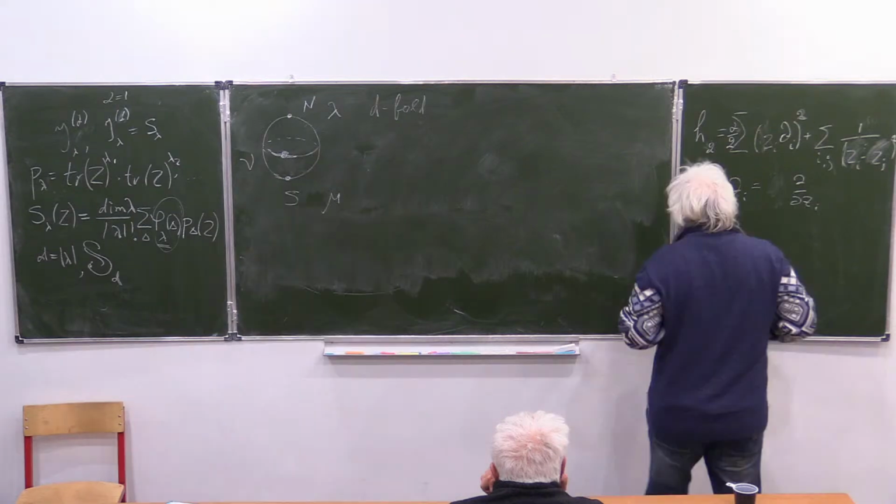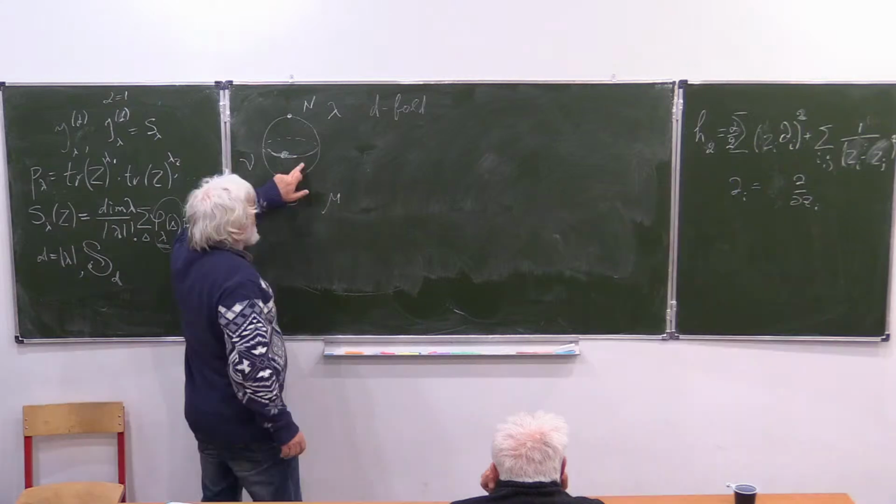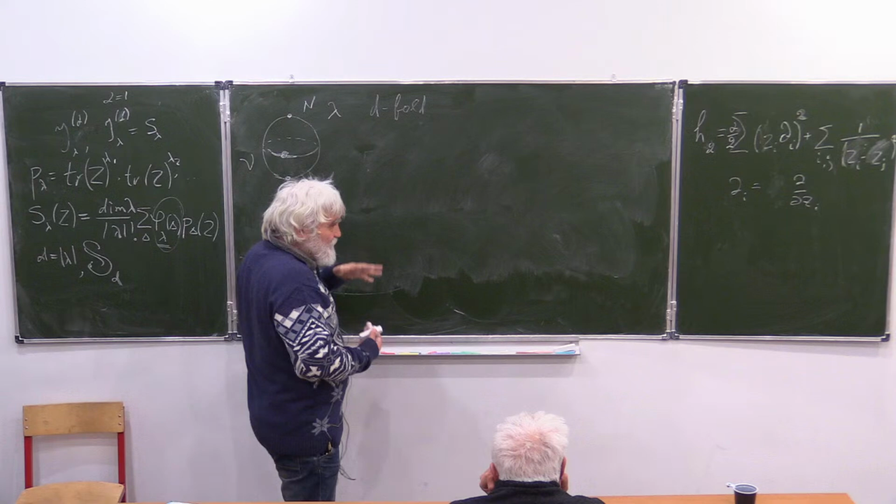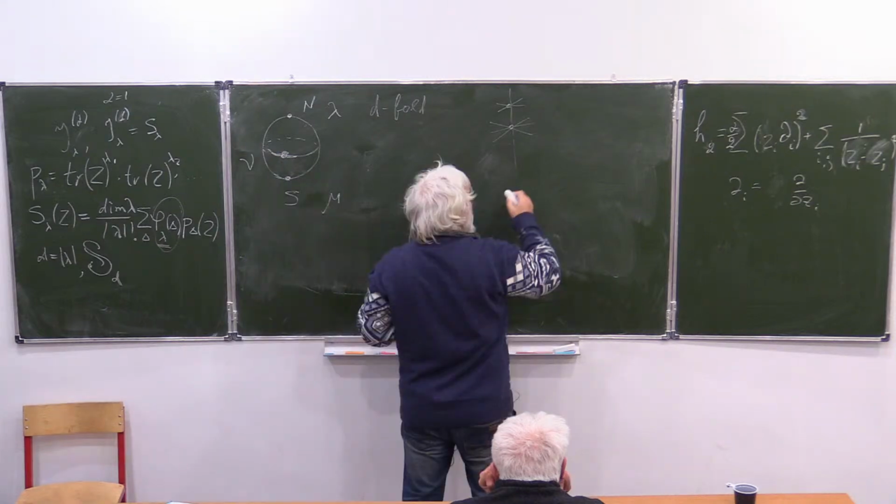Recall what a ramification profile is. What are branch points? A common point has d preimages, but in a branch point we have fewer preimages, because the leaves merge.